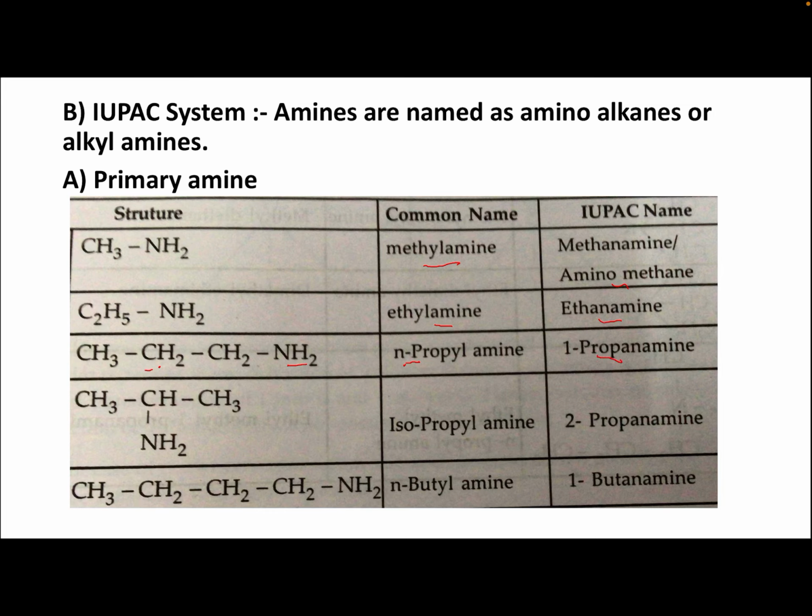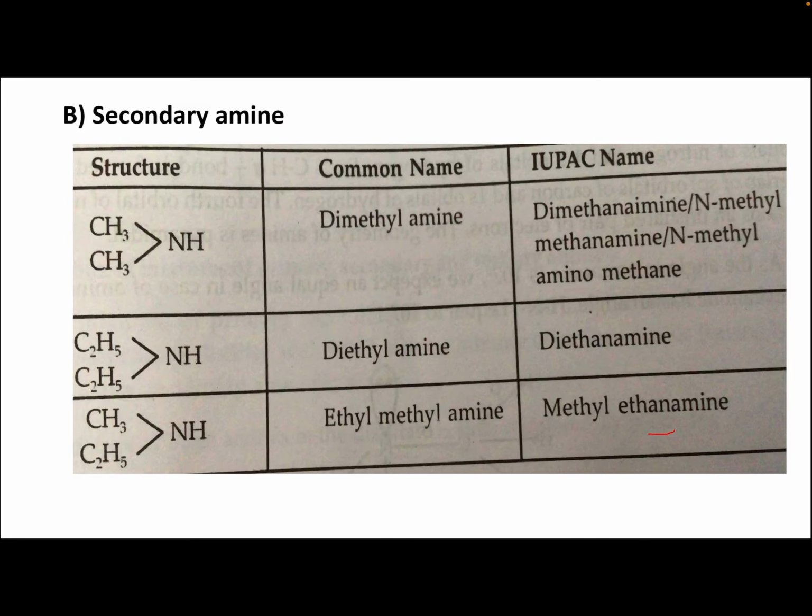Then isopropyl, where NH2 is attached to the second carbon, so it is isopropylamine or 2-propanamine. Then the butyl group, n-butylamine or 1-butanamine, because the amino group is at position 1.